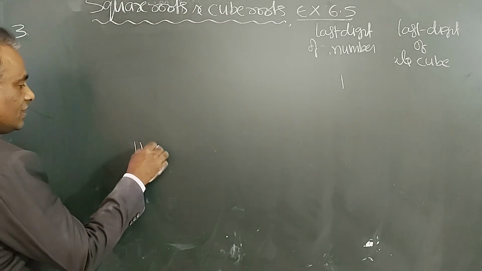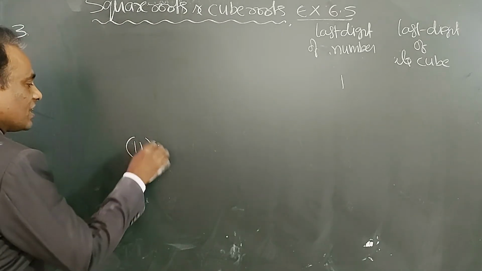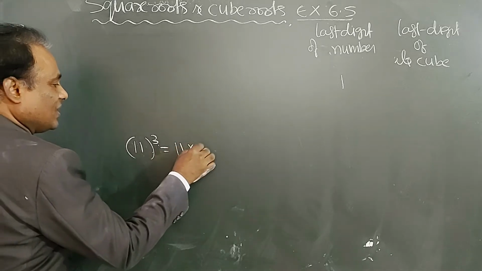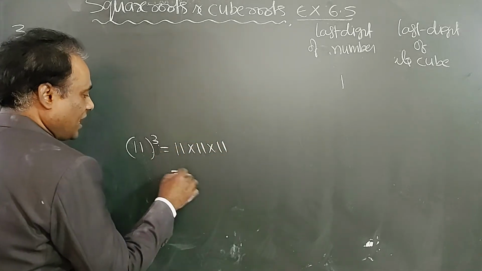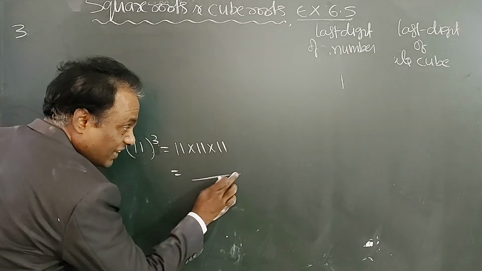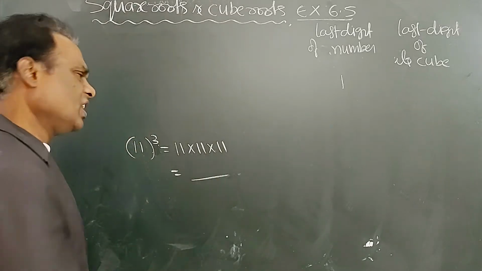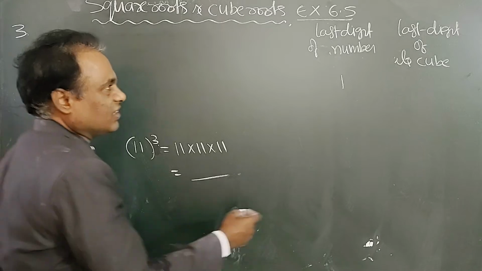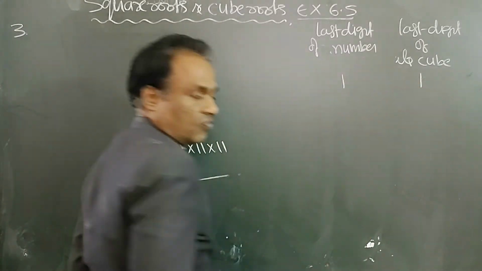Suppose we have 11. What is 11 cube? 11 into 11 into 11. I am not asking the answer, but in the answer, what is the last digit? Whatever may be the answer, the last digit is also 1.